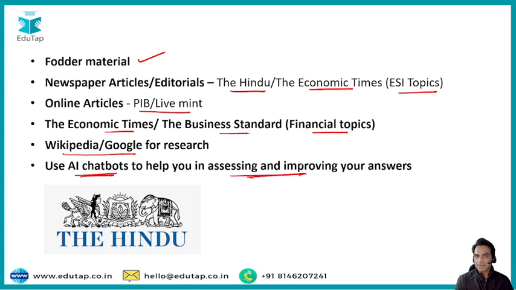Now, this is what people are doing these days, not from today, from even a year earlier. So use artificial intelligence technology to help you in assessing your drafts, in assessing your answers, and then how to improve your essays. That can be done through AI or Grammarly, and there are many other AI based websites available to you. But the fodder material that we have provided you, there is no replacement of that.